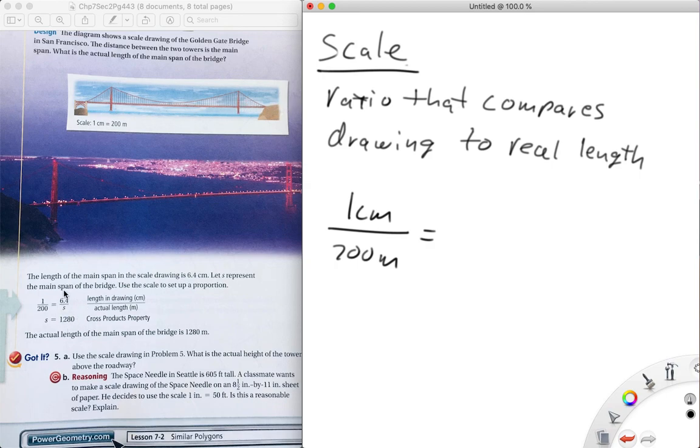They say that the length is 6.4 centimeters. I'll just make an educated guess. If this is 6.4, half of that's 3.2. Half of that, 1 point something.